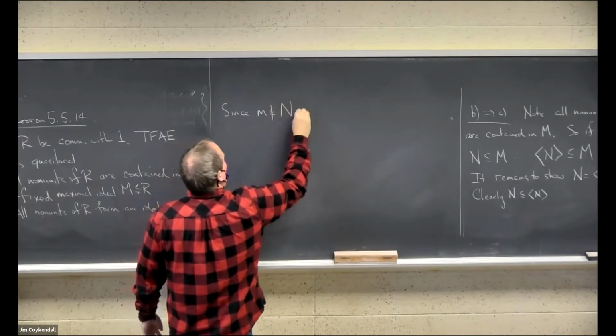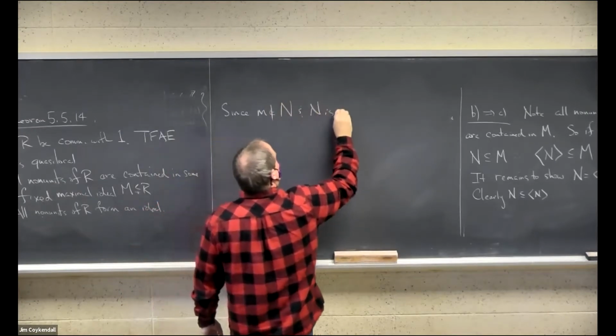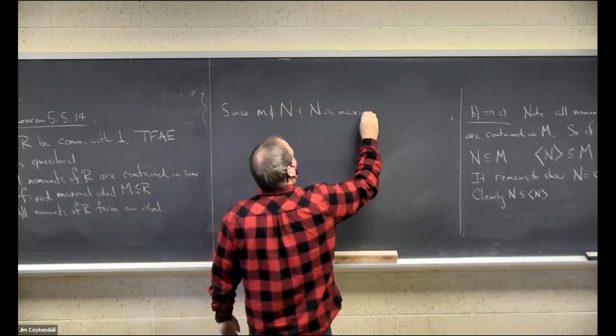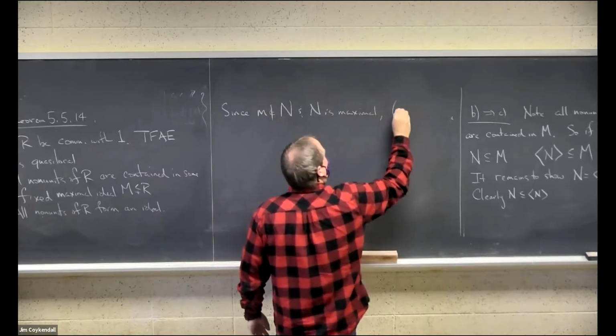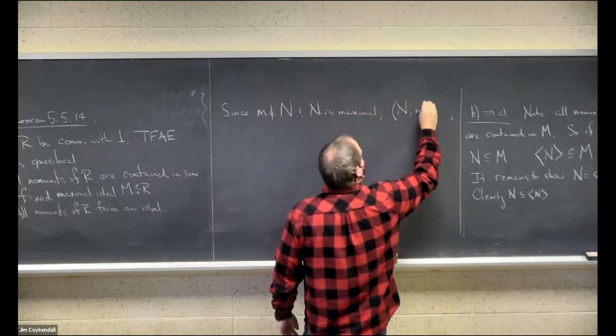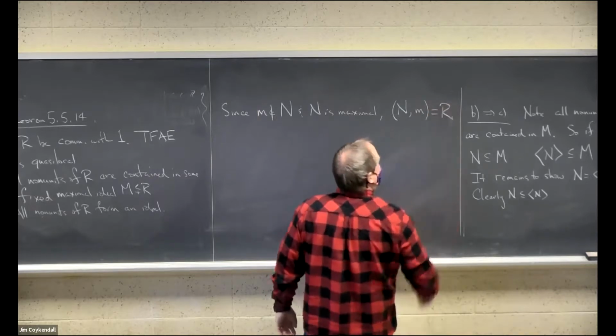Since m is not in N, and N is maximal, the ideal generated by N and this new element m must be all of R.